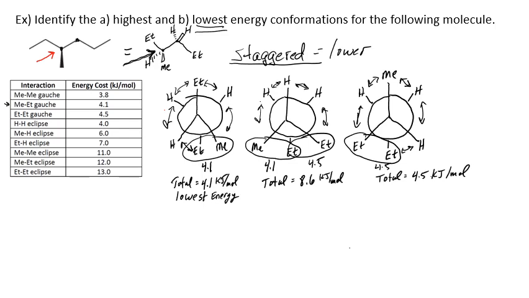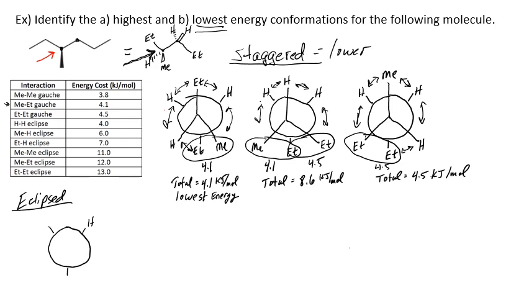All right, so we determined our lowest energy conformation. Now to do the highest, we're going to have to look at all three eclipsed interactions. We can start by drawing our first Newman projection, just like we did before. Keep the hydrogens.